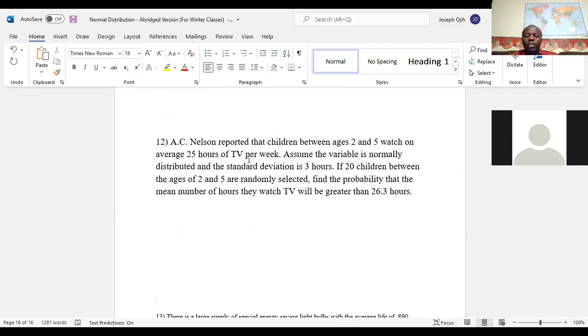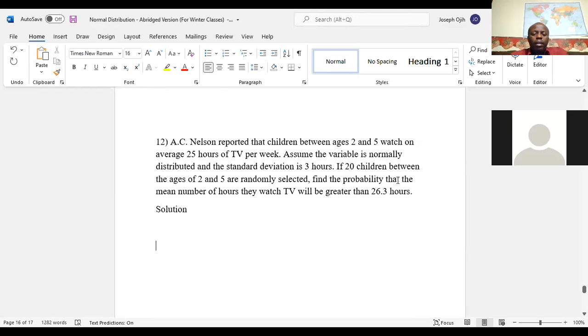Now, if 20 children of that age were selected, find the probability that the mean number of hours they watch TV will be greater than 26.3 hours. So it's the same thing we did before with the application of normal distribution, but this time we have to factor in the sample size and the sample mean. Let's put them all together and solve this example.